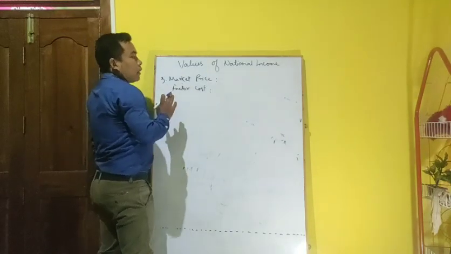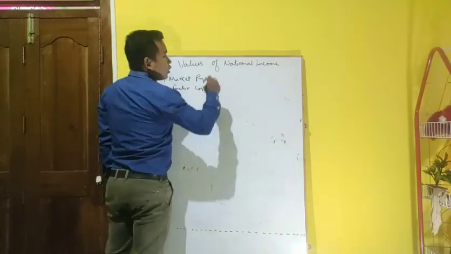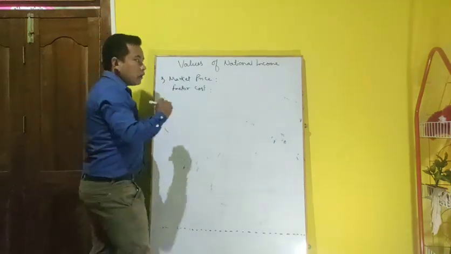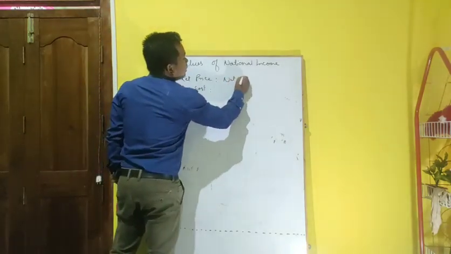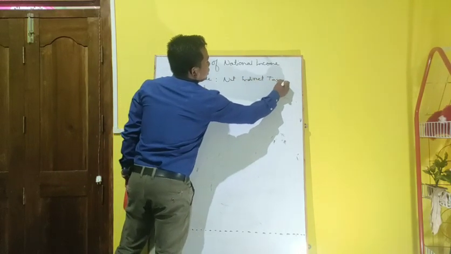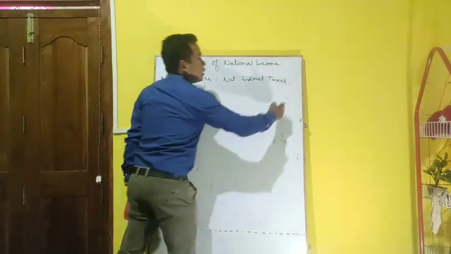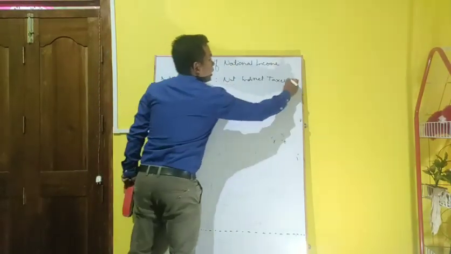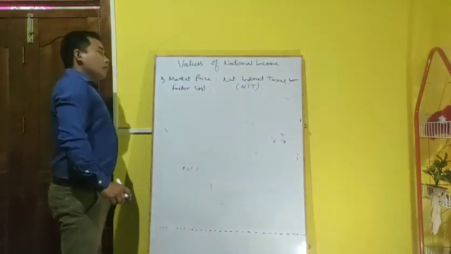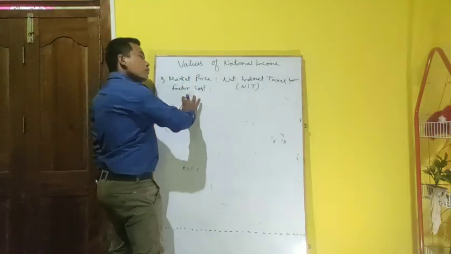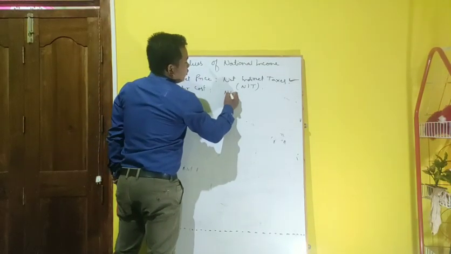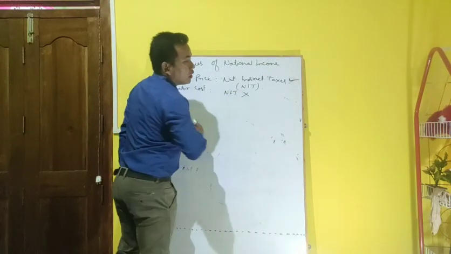When we talk about the market price value of national income, we are referring to the calculation of national income by including net indirect taxes. We include the value of net indirect taxes, NIT. But in the case of factor cost value of national income, we don't include the value of NIT. NIT is being ignored here.